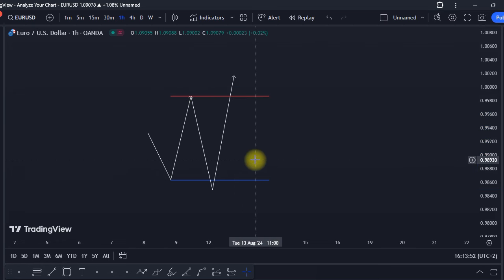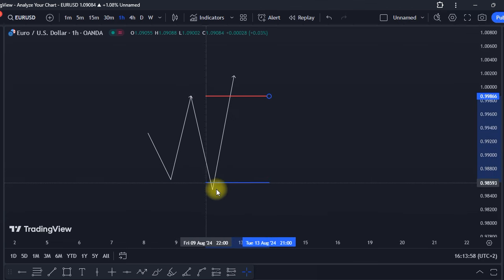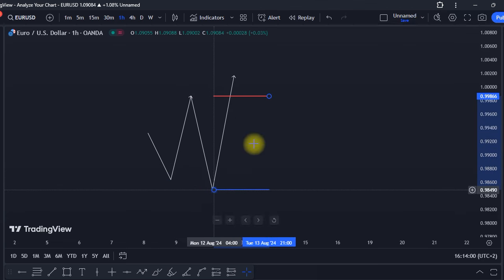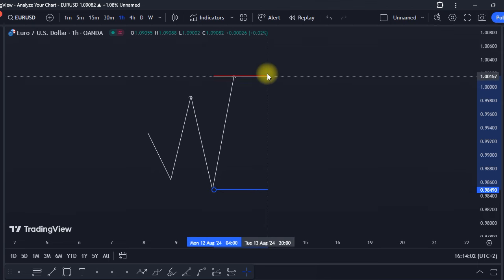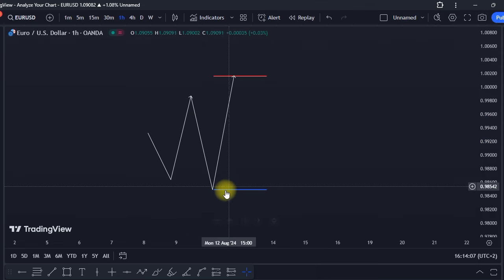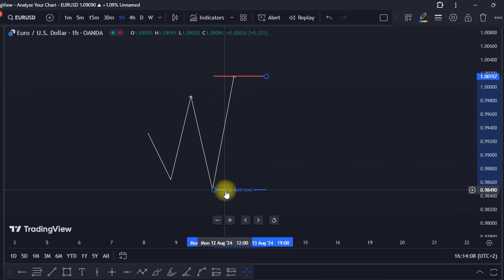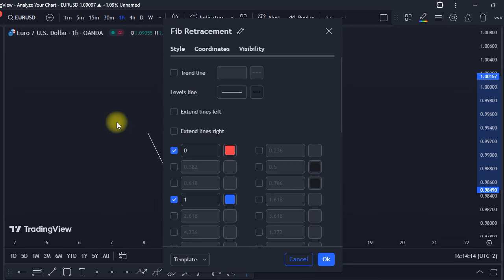Now here is an example of our liquidity sweep model. So this is our low, and this over here is going to be our high. Now this is a perfect example of our liquidity sweep model. Now let me include the 50% of this Fibonacci so that you can see what I'm talking about.